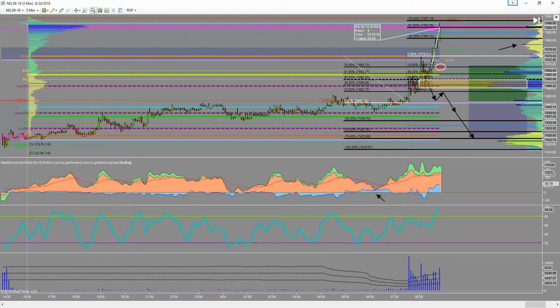So that's pretty interesting. I like that. And so they fooled retail traders here, making them think there was pressure to the downside. But what they really wanted is to buy at a discount.